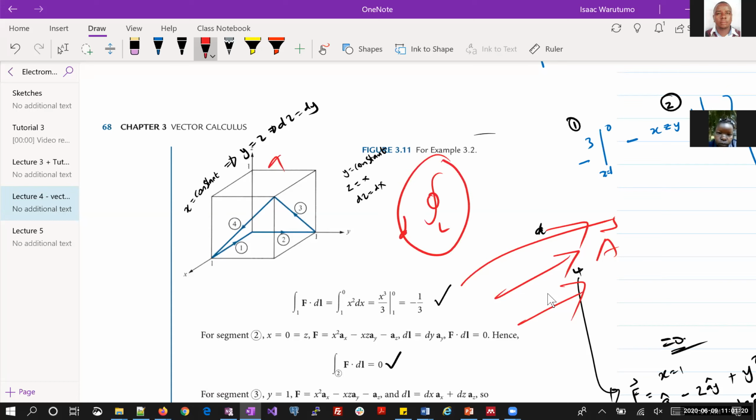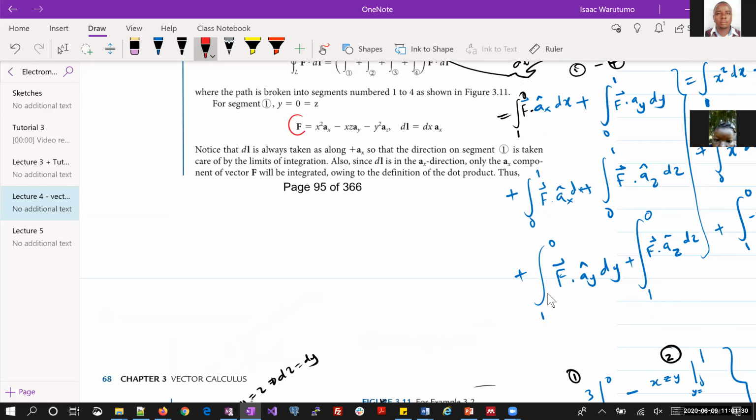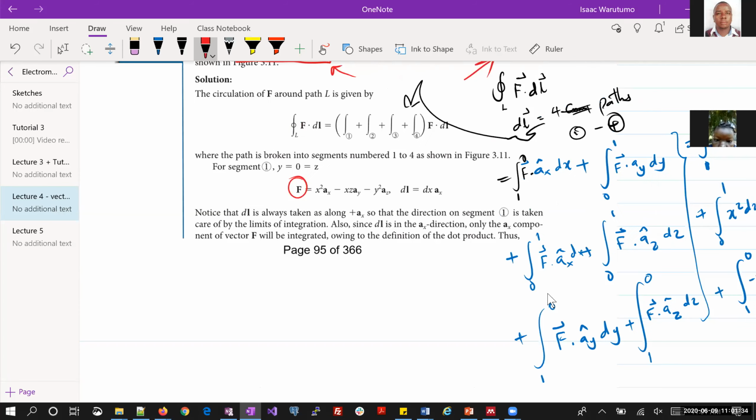That is number 1. So what we need to do is to integrate our vector that we have defined above here, F, with respect to that closed path. And that is the one that we are defining at this stage.